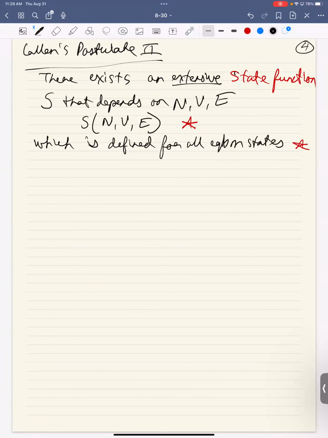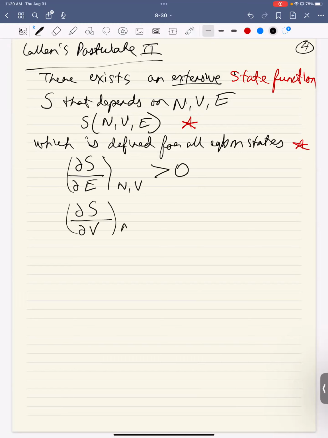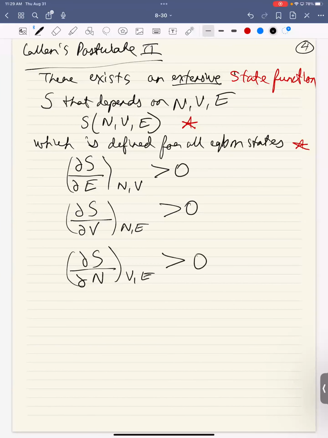Furthermore, if you differentiate this state function with respect to energy at constant number and volume, it is positive. If you differentiate this state function with respect to volume at constant number and energy, it is again positive. If you differentiate it with respect to number at constant volume and energy, it is again positive.